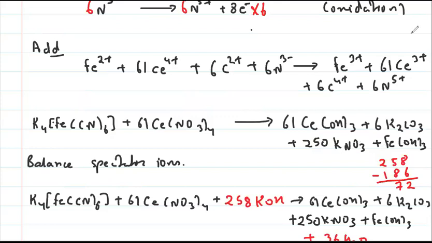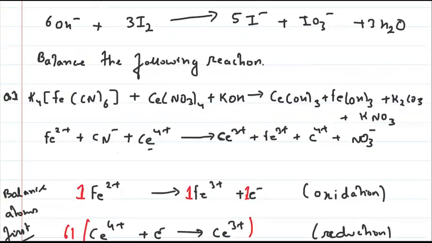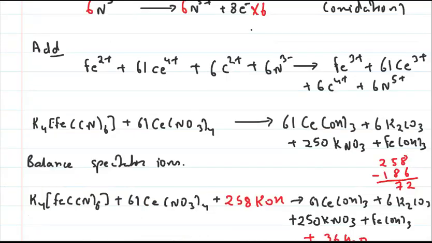Right? So till this point, everything is clear. But when you talk about the reactants, in the main reaction we still don't have KOH and K2CO3. So sorry, K2CO3 we have, we don't have KOH.